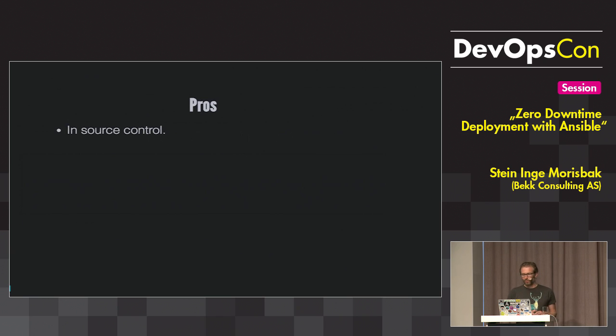Some pros: it's in source control, so you know what your servers look like by looking at the code. It's self-documenting. It's code, so all your documentation is there. Refactoring: it's easy to refactor your infrastructure.